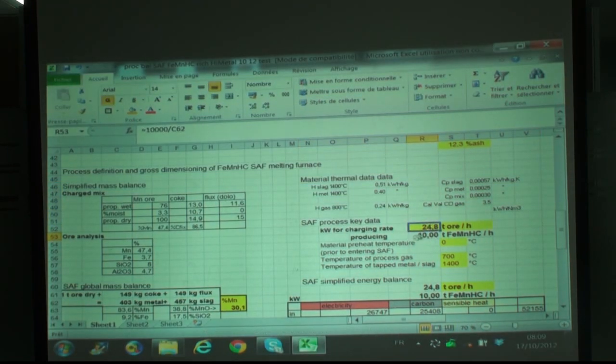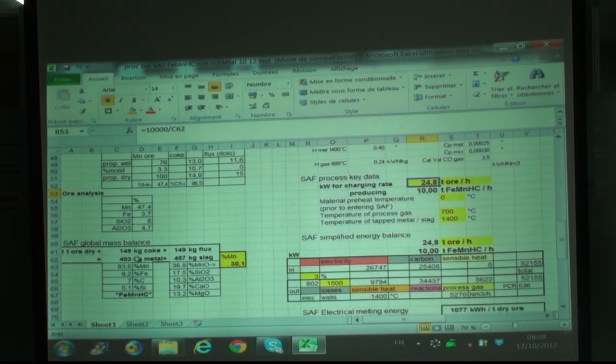you see, the ore is just obtained dividing by the amount, by this value, which is the metal yield of the mass balance.